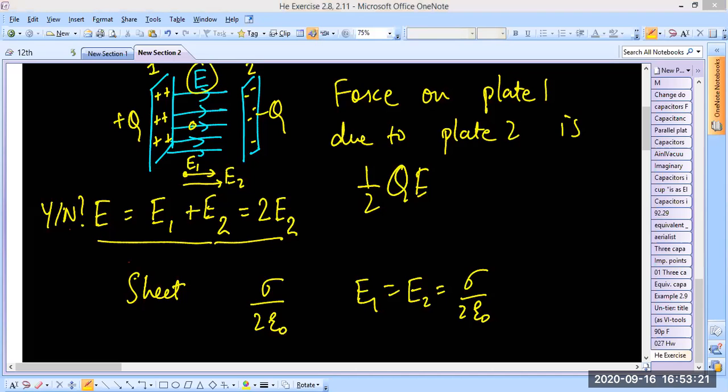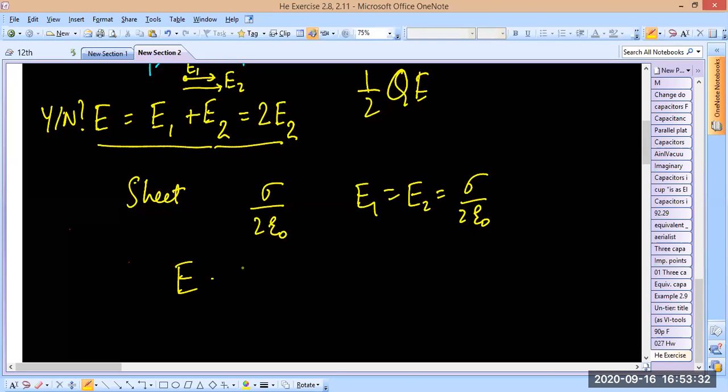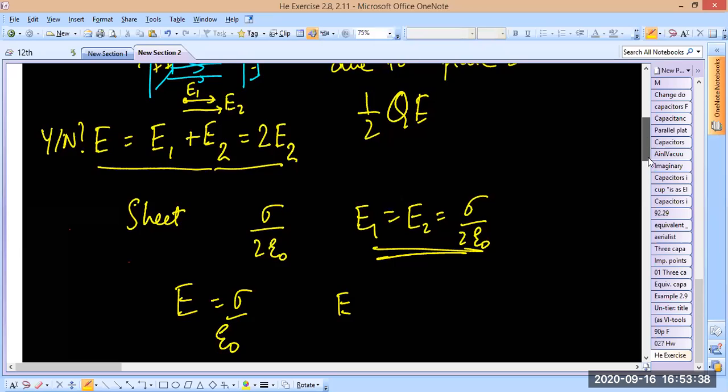Over here, you have double the electric field, so this electric field is going to be sigma by epsilon 0. What I'm saying is the total electric field is E, which is sigma by epsilon 0, but the individual electric field is sigma by 2 epsilon 0. Keep that in mind.